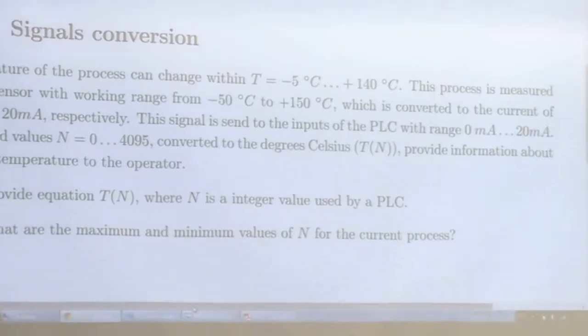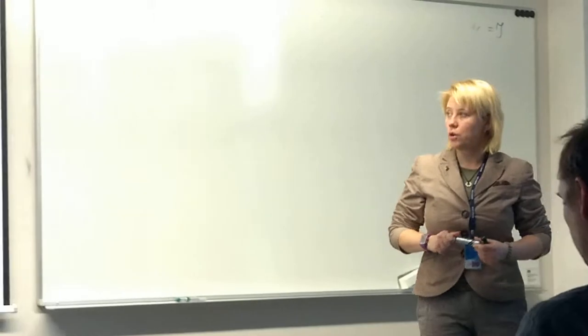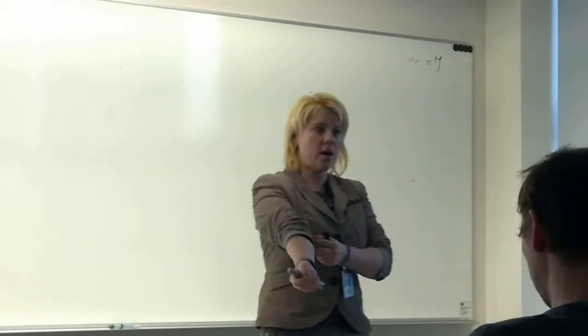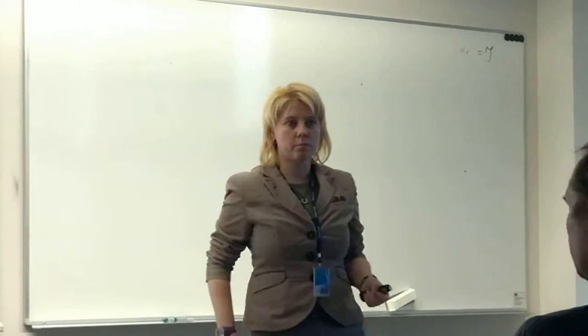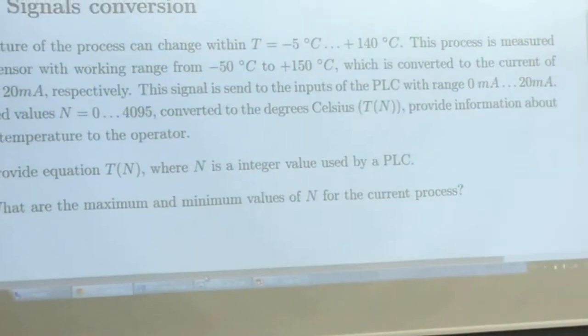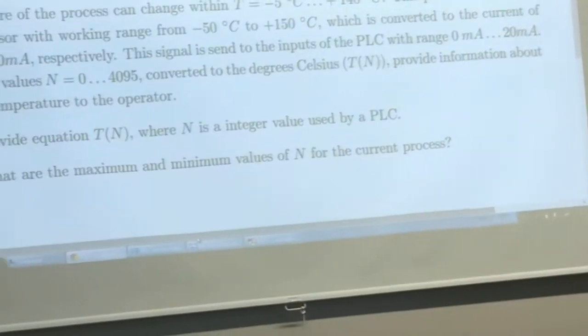So in that case, first of all, as an engineer, we have the question of what kind of sensor should be used. We have found that in our warehouse we have sensors whose working range is from -50 to 150 degrees.